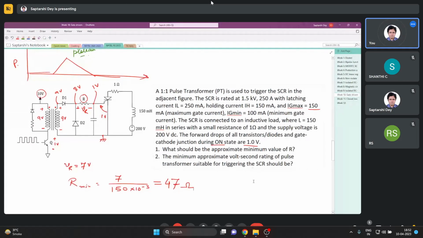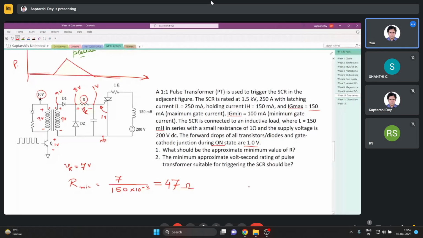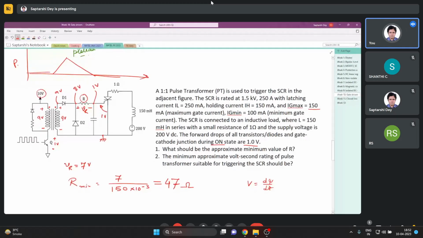Okay. The next question is the minimum approximate volt second rating of pulse transformer suitable for triggering the SCR. You see, what is volt second? Volt second is flux linkage.